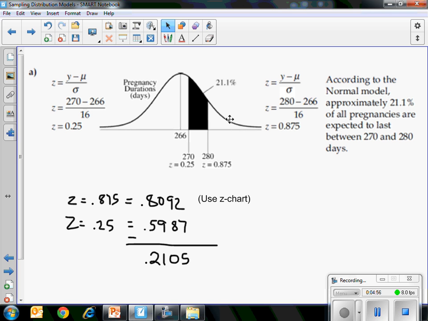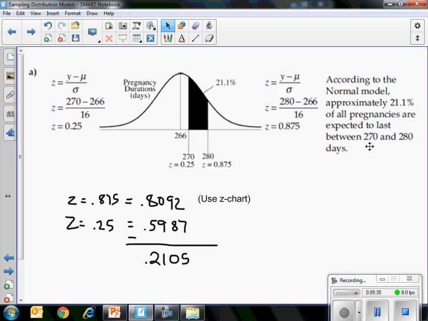Likewise, we take 280 minus 266 and divide that by 16, and we get 0.875. Now, these two numbers we have to then look up in the z chart. So go ahead and look those up. 0.875 is 0.8092, and 0.25 is 0.5987. So we then subtract these. This gives us our answer.